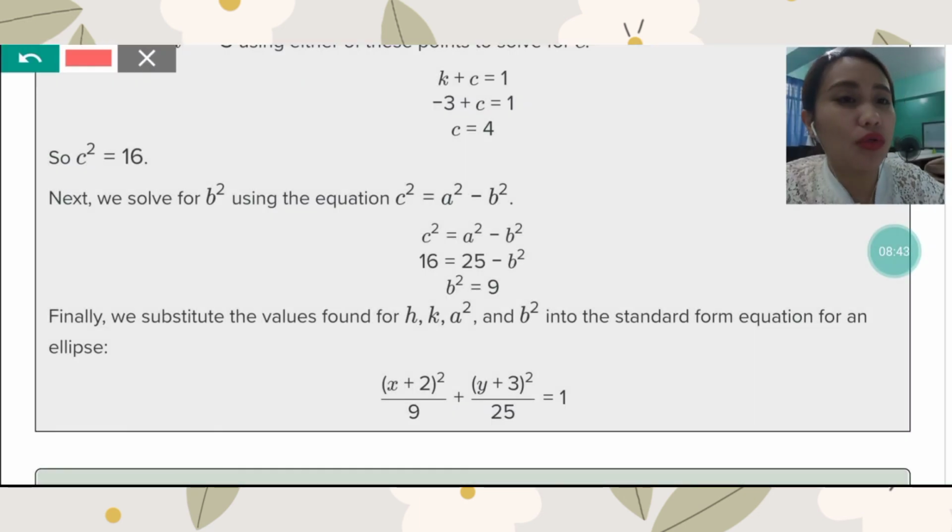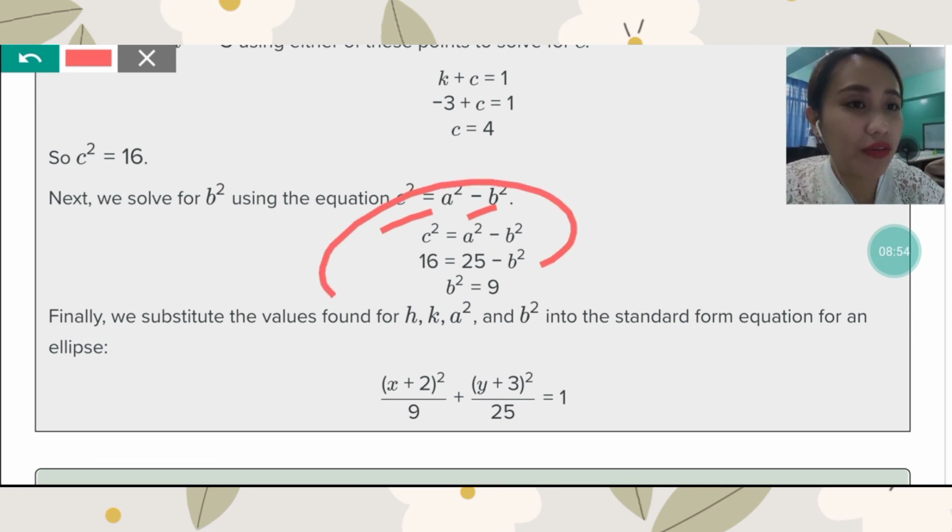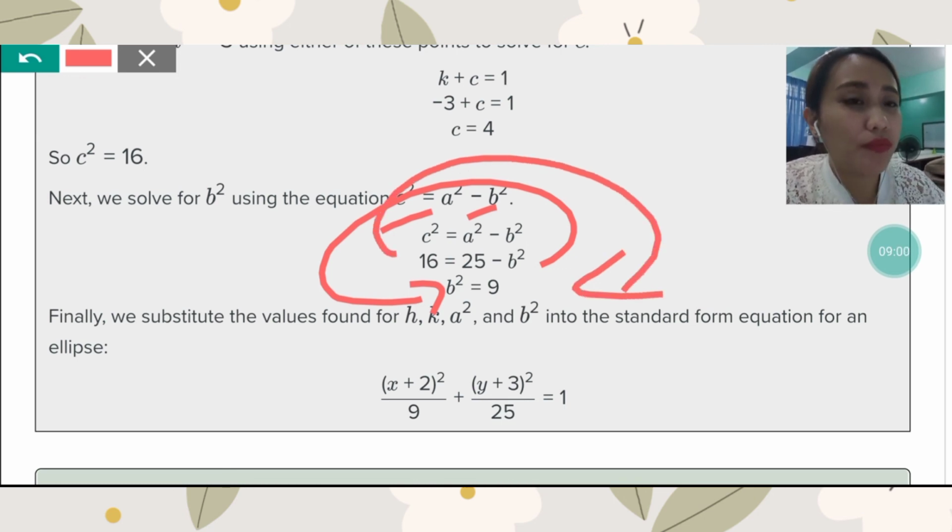Substituting, c squared, as we all know, is 16. a squared, as we all know, is 25. Then solving for b, moving b to the other side, that's negative, that will become positive b squared. Then moving 16 to the other side of the equation, that's 25 minus 16. That is why we have b squared is equal to 9.